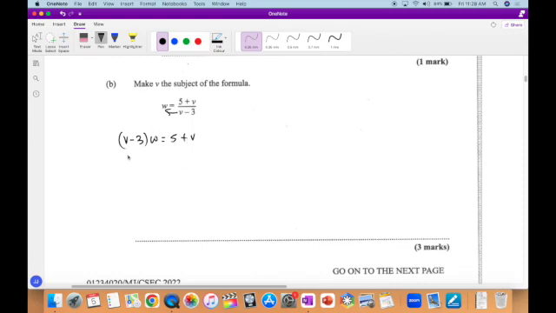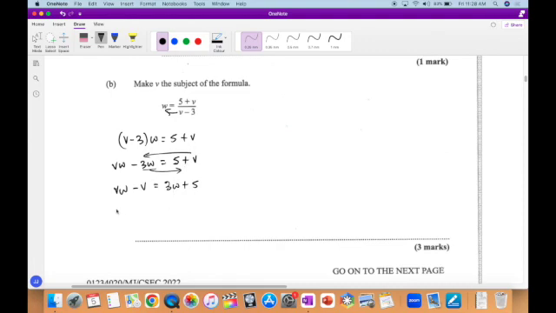And let's just multiply this out, so I'll get VW minus 3W is equal to 5 plus V. And now I'll throw this V across over there, so I'll have VW minus V, and I'll throw this 3W on this side, so that'll be equal to 3W plus 5. So the 3W will become positive when it jumps across.